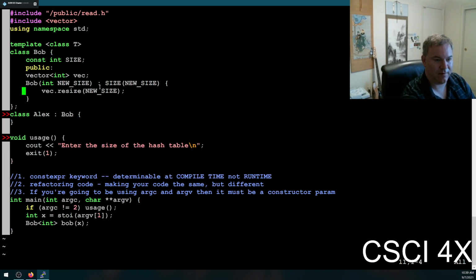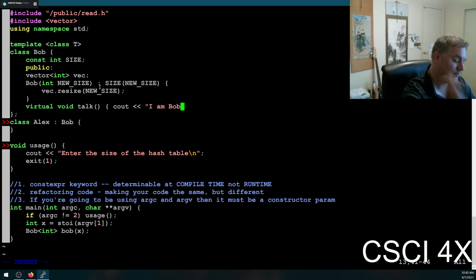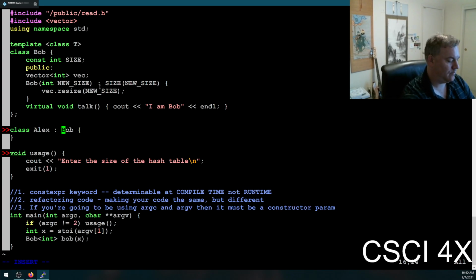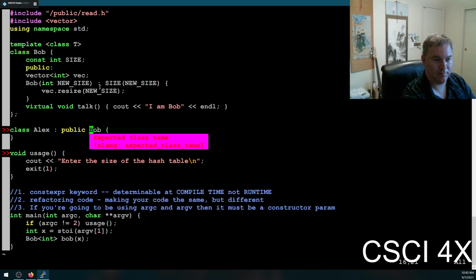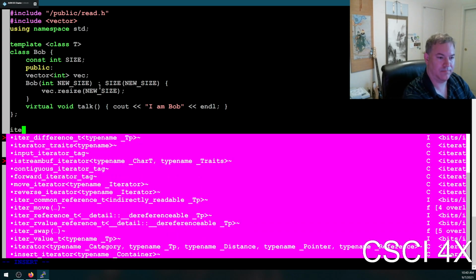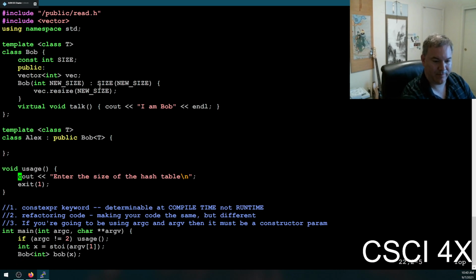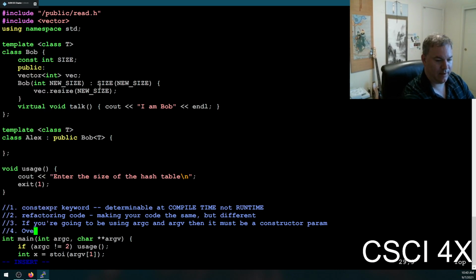When you do inheritance off things, if somebody declares a virtual function, so if you inherit off of Bob, one more learning point for today is the override keyword.